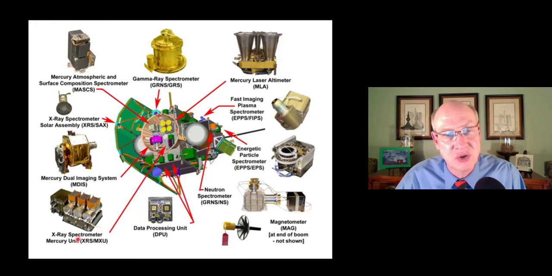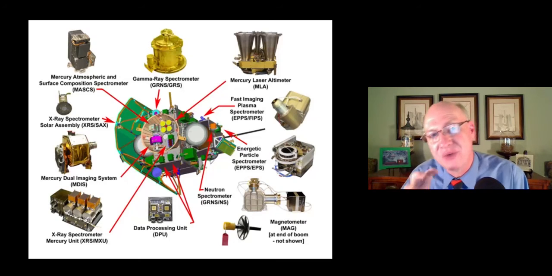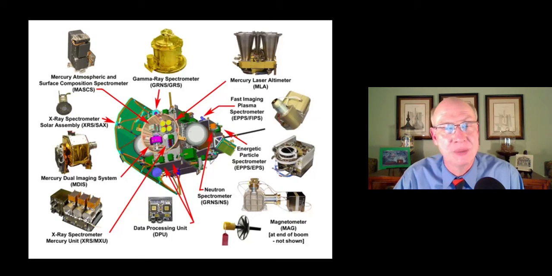Another X-ray spectrometer, a data processing unit, a neutron spectrometer, an energetic particle detector, a magnetometer to study Mercury's magnetic field. So you can see packed inside the spacecraft are all these different scientific instruments built by scientists literally around the world that were mounted on the spacecraft.